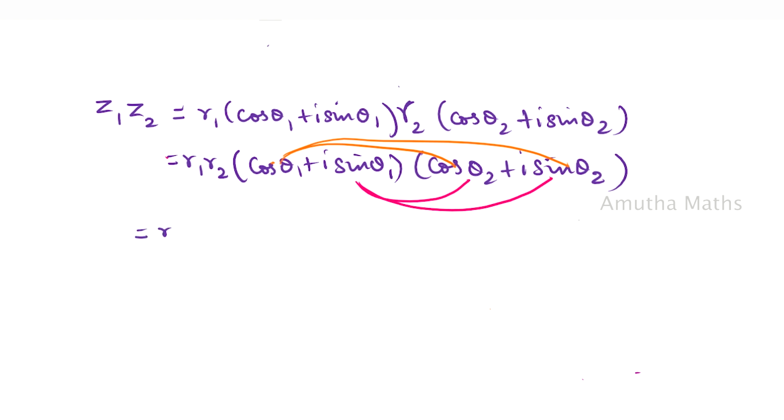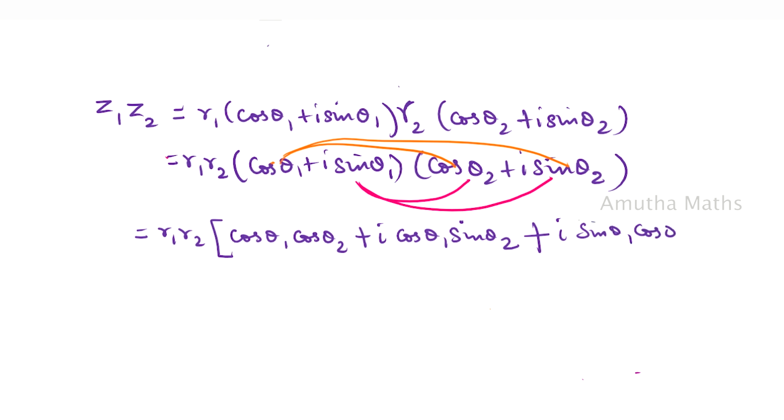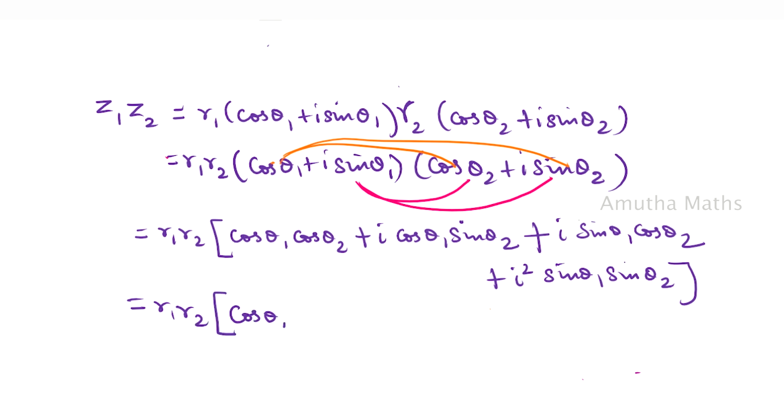R1 R2 into cos theta 1 into cos theta 2, plus I into cos theta 1 sin theta 2, plus I into sin theta 1 cos theta 2, plus I square into sin theta 1 sin theta 2.